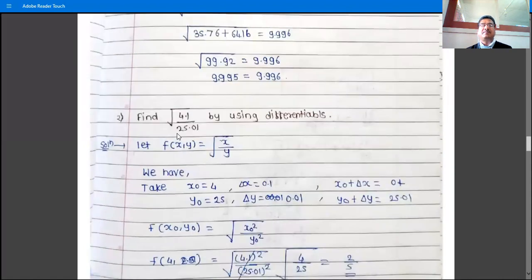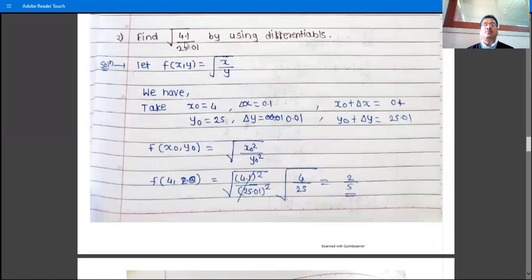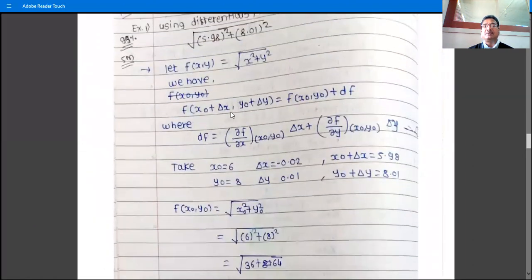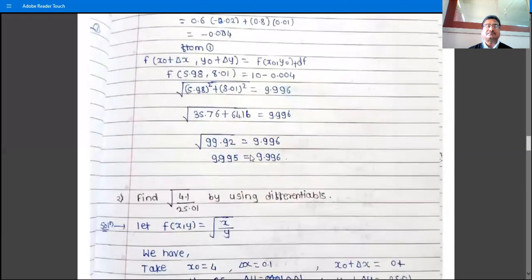Next problem is find root of 4.1 divided by 25.01 by using differentials, not by using a calculator, by using the definition of derivative. So define f of x y as root x by y, and then write the formulas. This formula, f of x naught plus delta x, y naught plus delta y, and all this df.